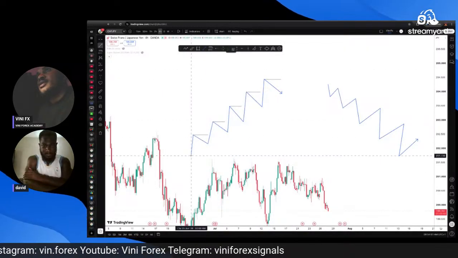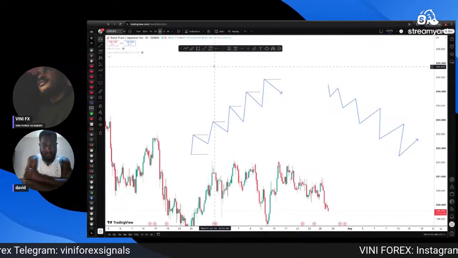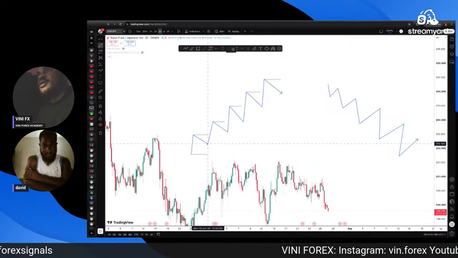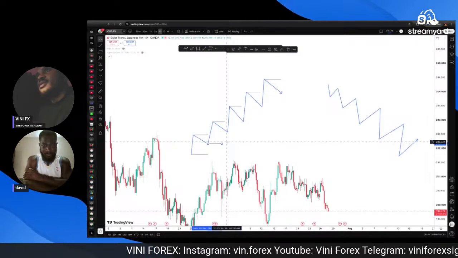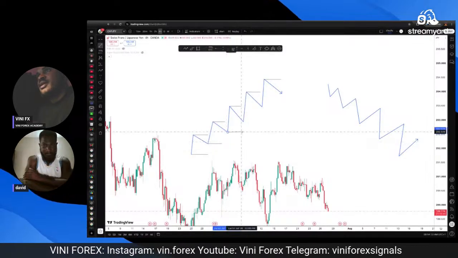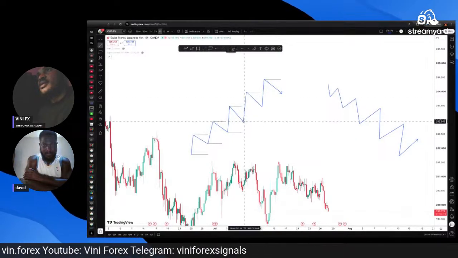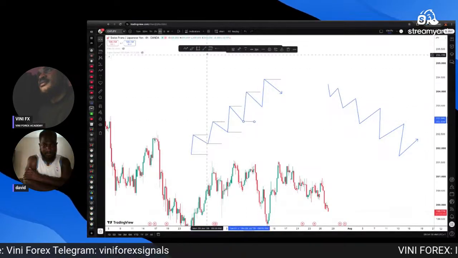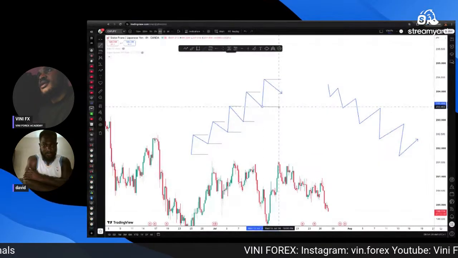So here is the low. Here is another low, but it's called a higher low. And here is another low, another higher low. Here is a higher low again, and here is another low again.